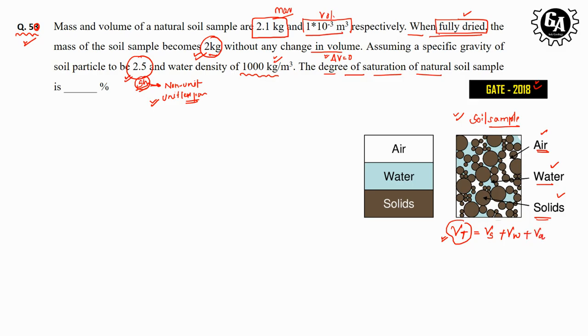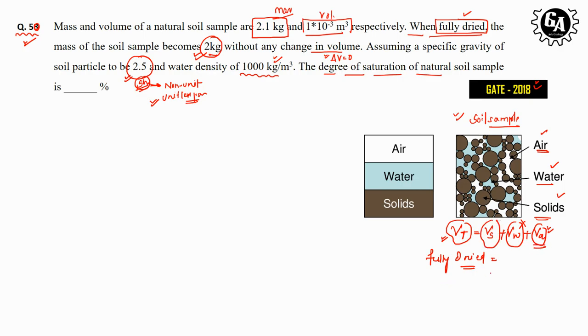Now in this case, when fully dried or fully saturated. When fully dried, the volume of water is not there, so the volume of solid and volume of air is there.